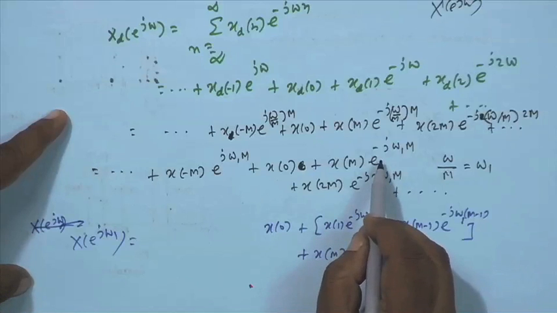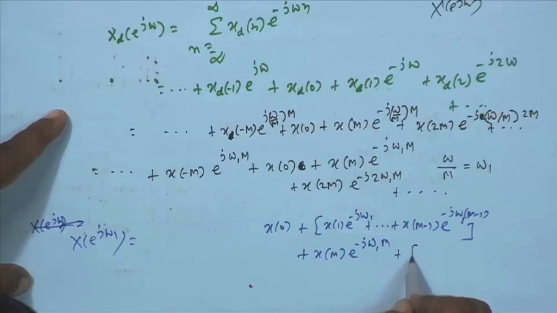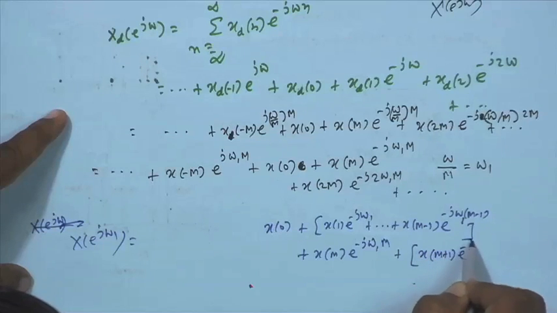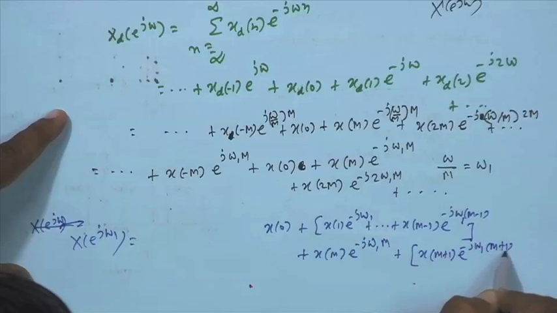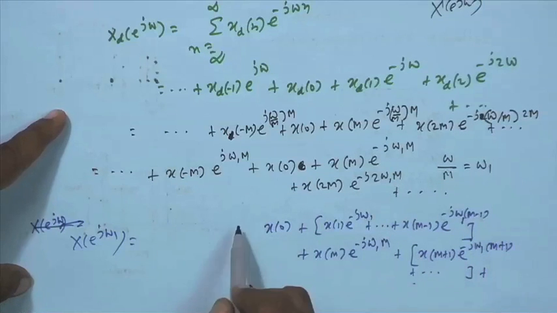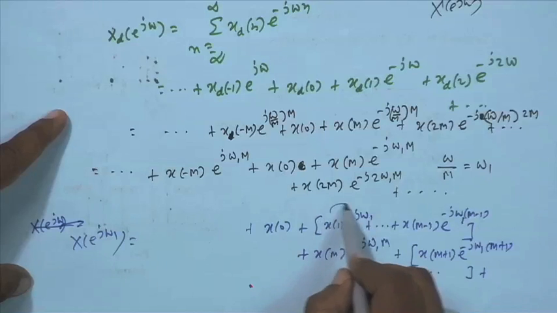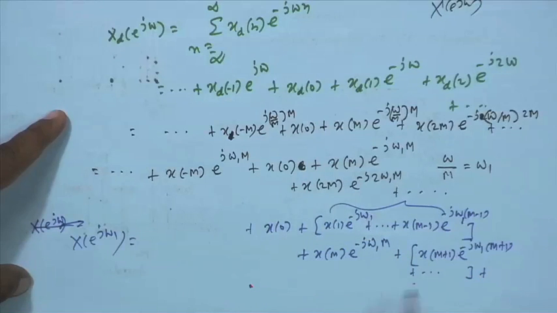which is present here. Then again there will be terms, x m plus 1 e to the power minus j omega 1 m plus 1, again some terms, and again this term will be present. These are not present here. Only this is present.